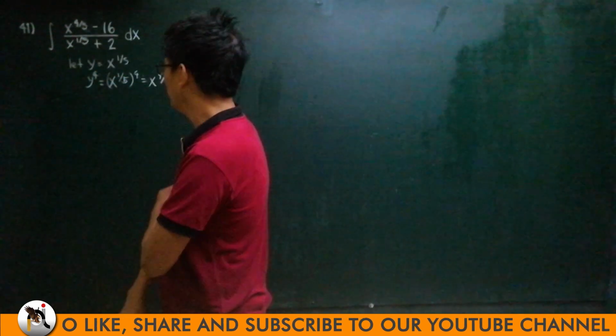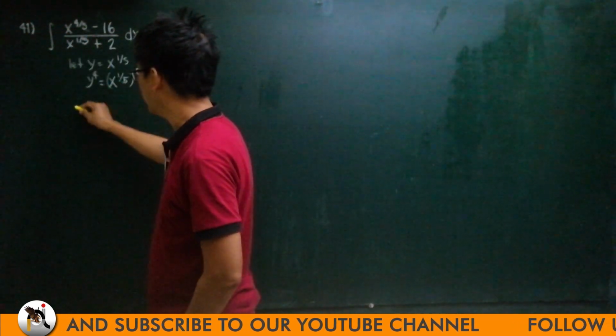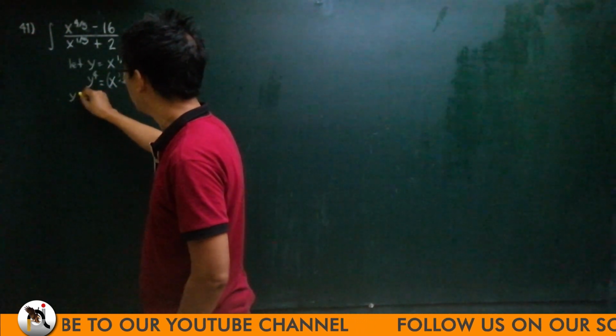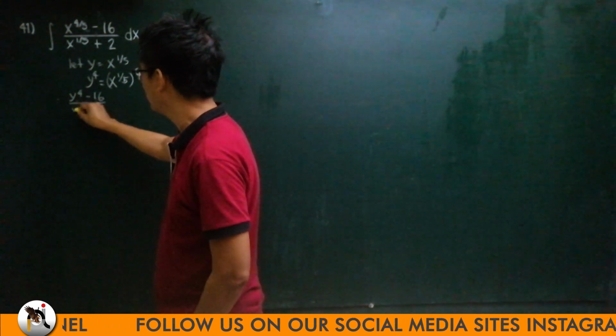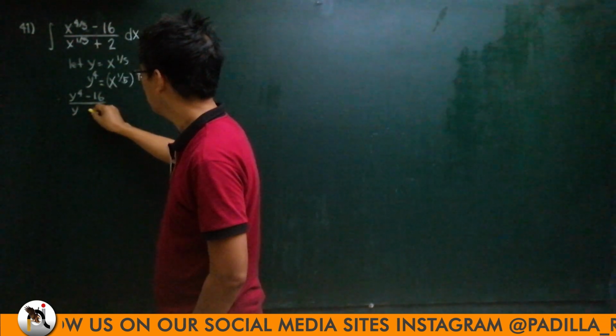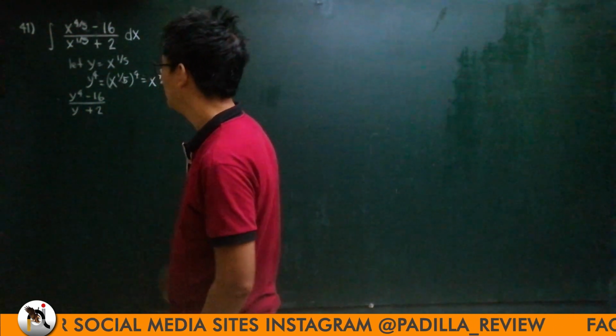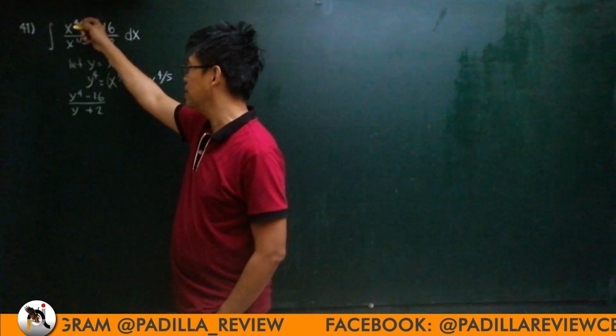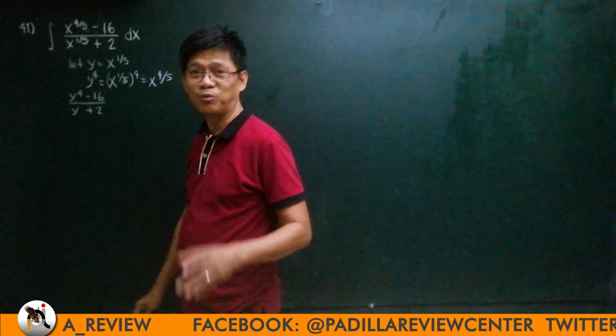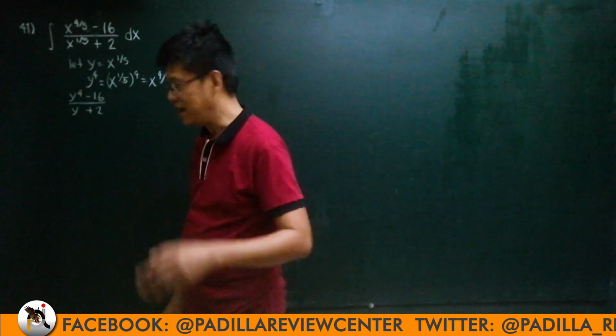So therefore, we will have y to the 4th minus 16 over y plus 2. If the numerator is of higher degree than the denominator, what do we do? We divide.